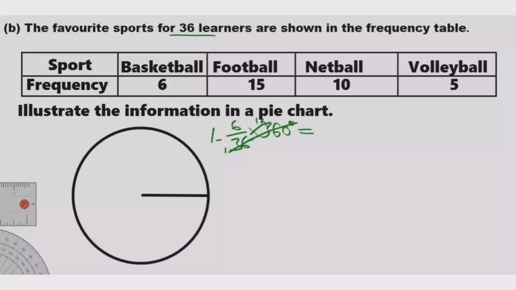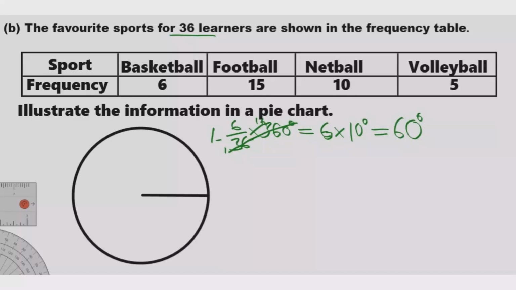So 1 into 6 is 6, times 10 degrees. When we evaluate that, it gives us 60 degrees. Now that is the value of the learners who like basketball in a pie chart, that is 60 degrees.